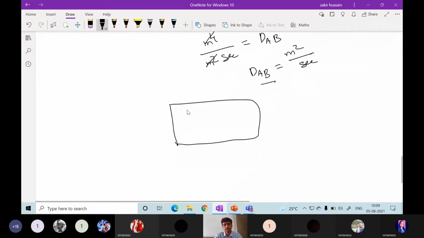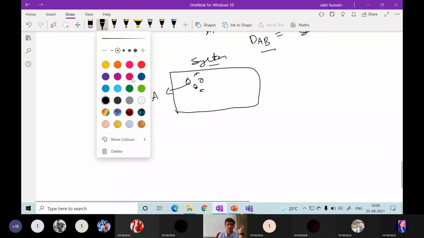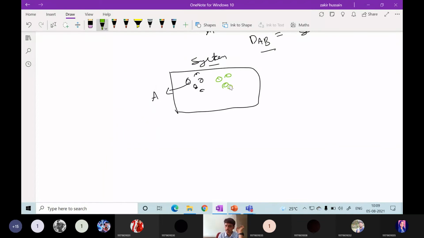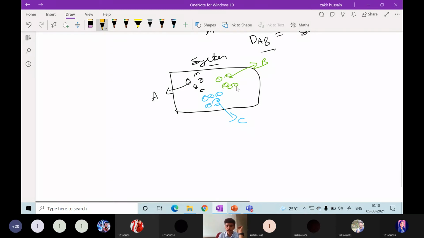Okay, if you don't understand, ask. Then if you consider this as a system, in one system there are many species. For example, these black molecules are A and these green molecules are B. Then these blue molecules are some C, and these yellow molecules are some D. There are many species in a system, let us say.